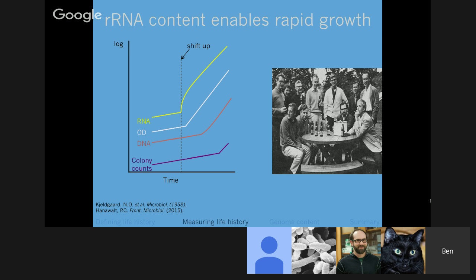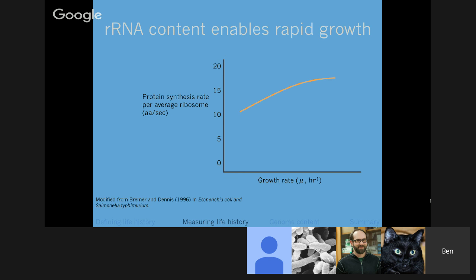So why do organisms need to increase their rRNA content when they start to grow faster? Well, one of the first things that was shown was that the protein synthesis rate per average ribosome in a faster growing cell only increases by a little less than a factor of 2.